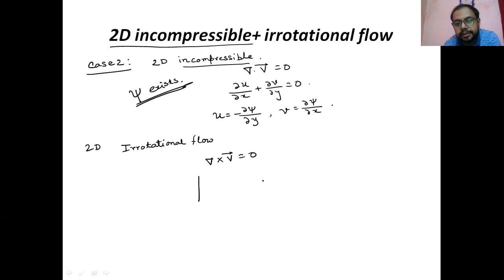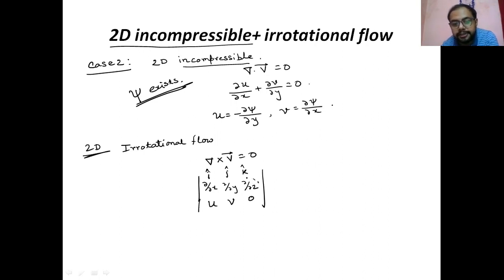Curl of velocity vector means determinant of i, j, k, d dx, d dy, d dz, u, v, and w. Here, there is a two-dimensional case, so there is no existence of z.